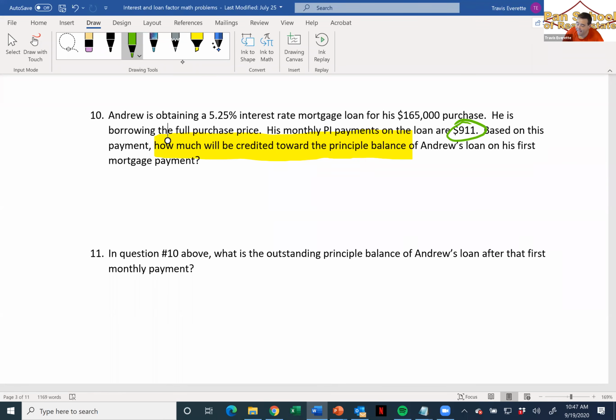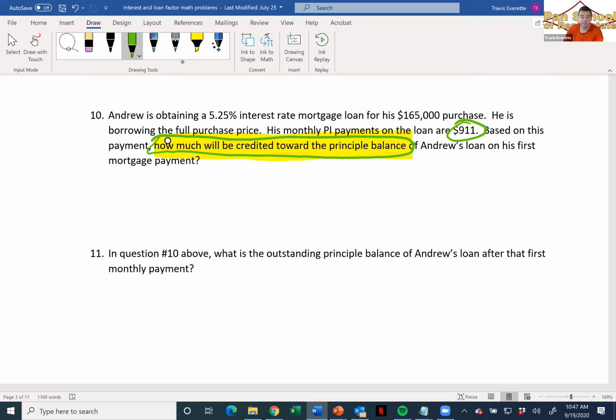Here's the thing. There's no way to answer this question directly, anyway. We can't calculate how much of a payment is principal. What we can calculate is how much of a payment is interest. And once we know that, can we just say, whatever's left is going toward the principal?